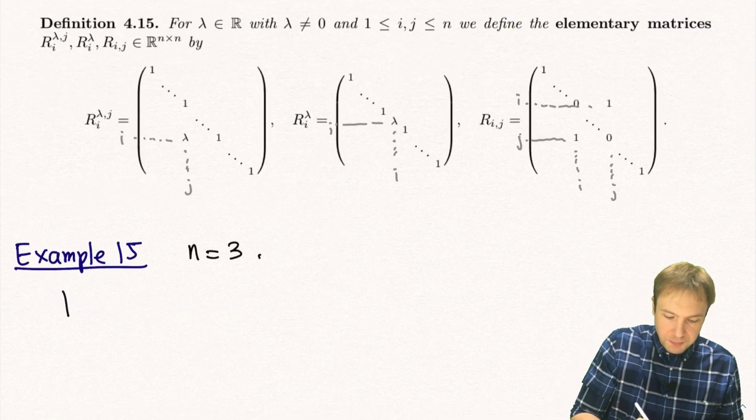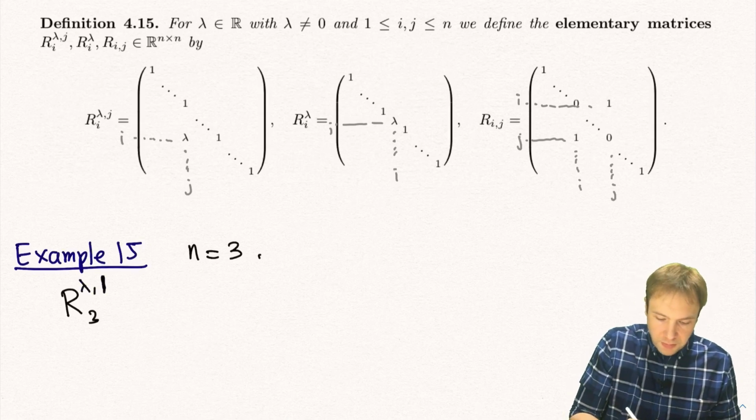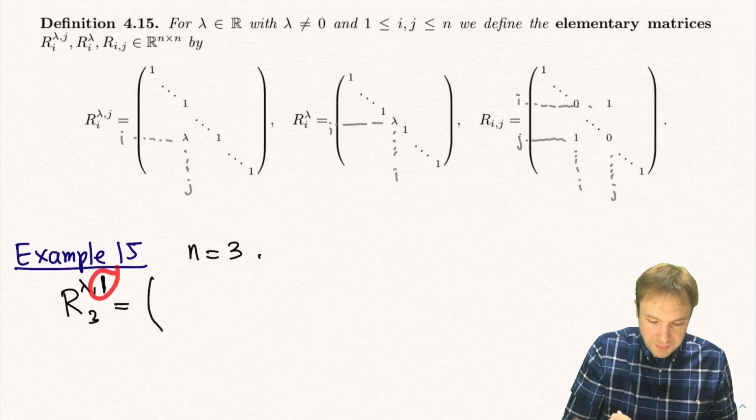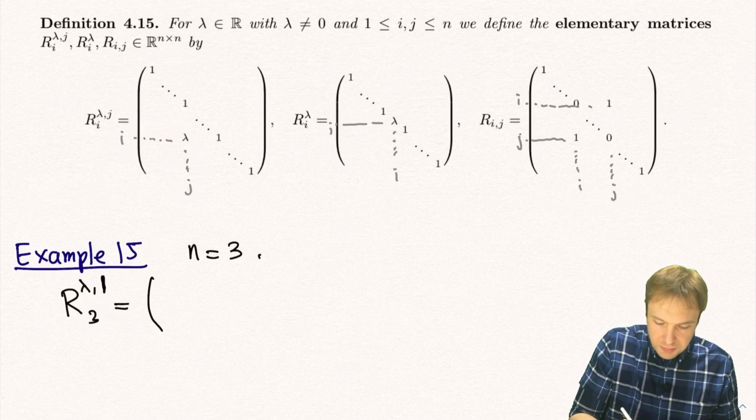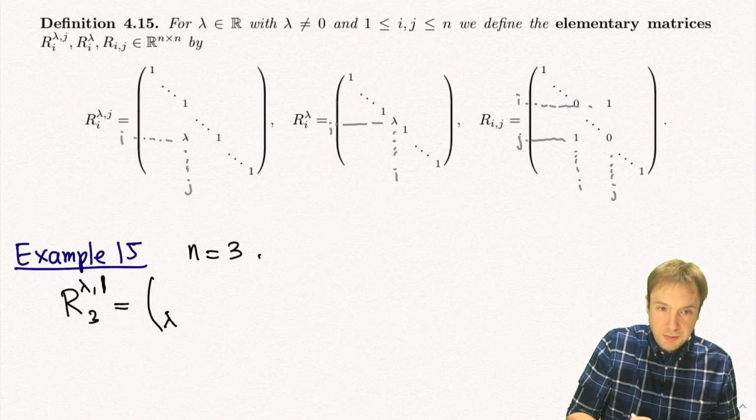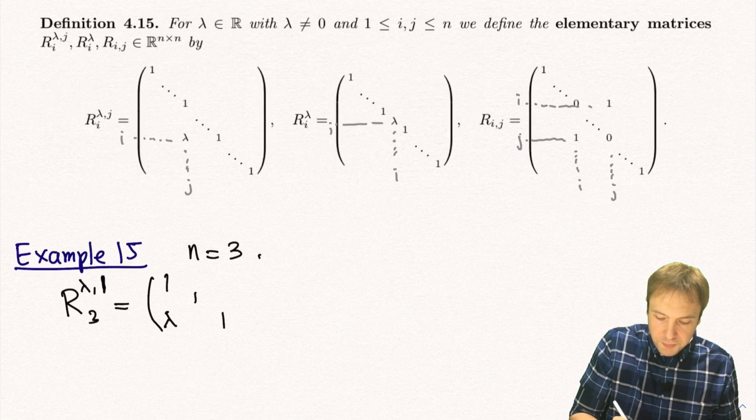What is, for example, R lambda 1, 3? This means that in the first column we have a lambda in the third row. And the rest is just the identity matrix, meaning we have ones on the diagonal, and the rest is just 0.